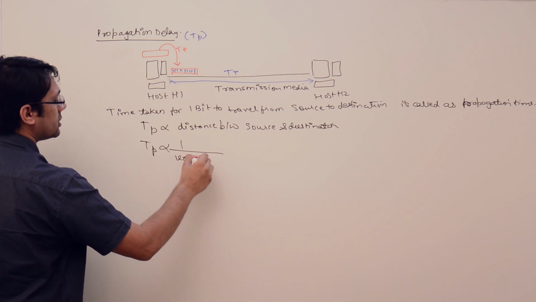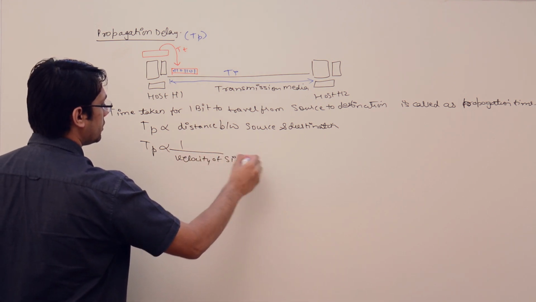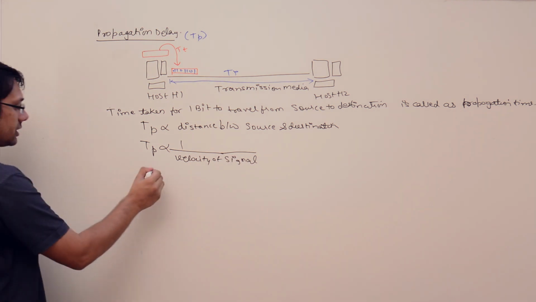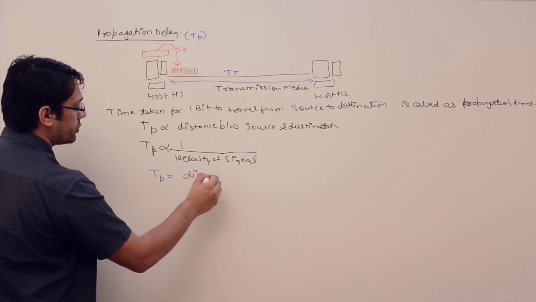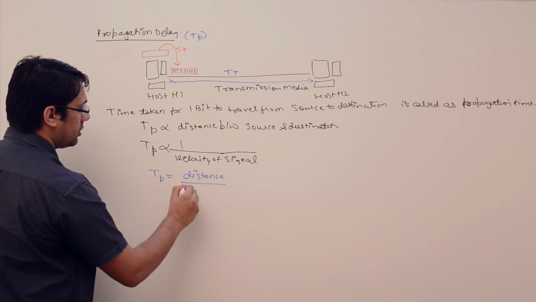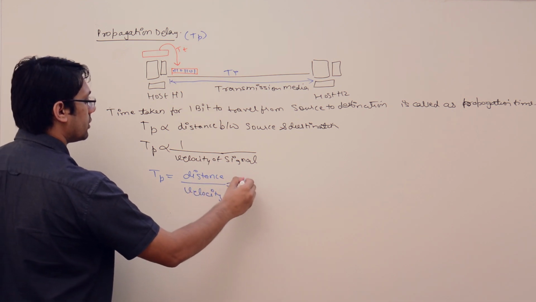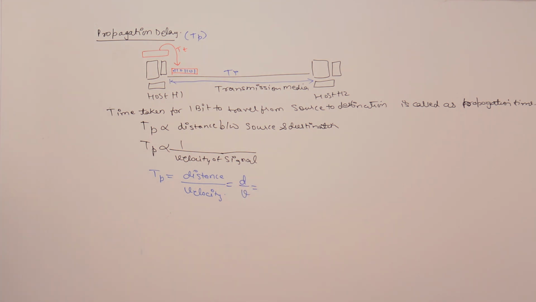So propagation time can be written as the distance between the source and destination upon the velocity of the signal, or distance upon velocity.